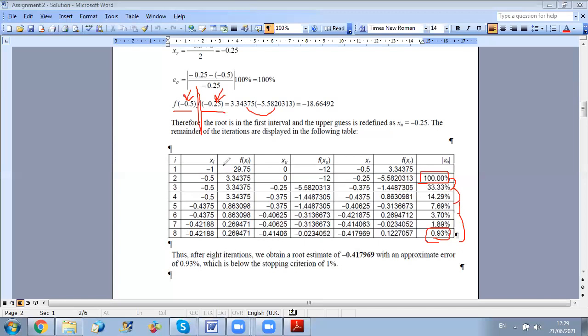In the first step, I take the initial interval they gave me as my first estimate of the root, and I continue to update my estimate until the relative error between the new value and the old value is smaller than 1%.